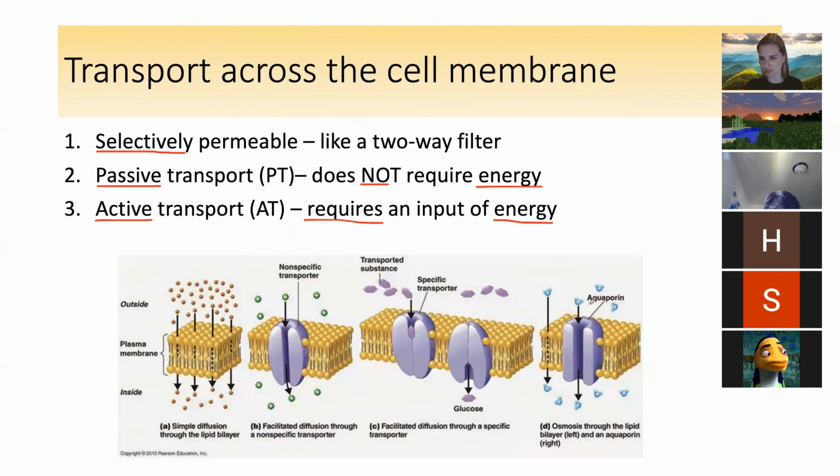And then over here, a very special one that we're going to talk about a lot is the aquaporin, which is a special pore just for water. So you can see here, some water's getting through the membrane unaided, and over on this side, we see that we can get more water to come through using this protein pore.